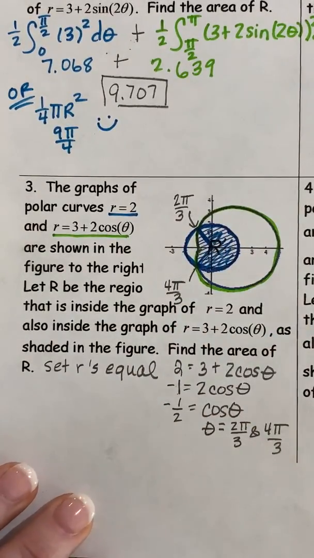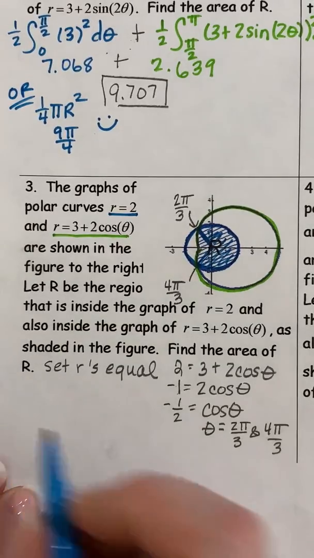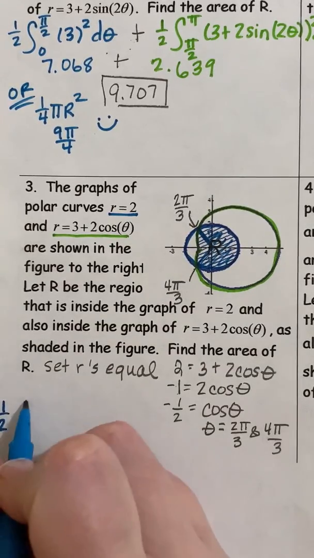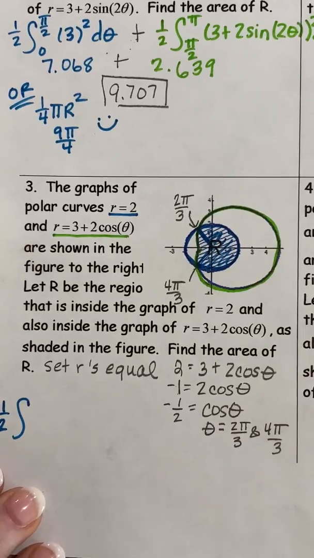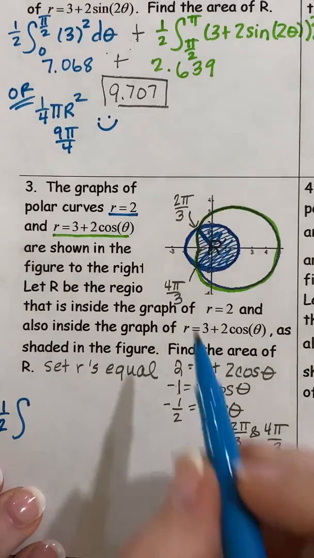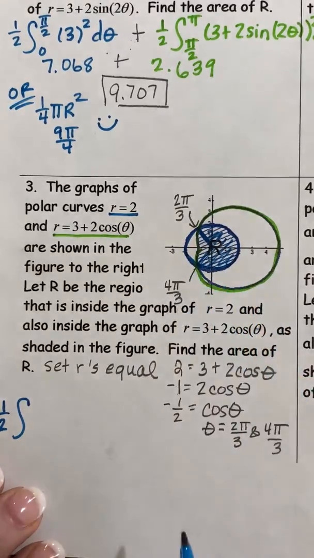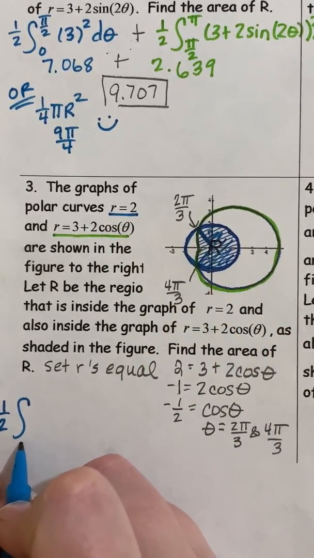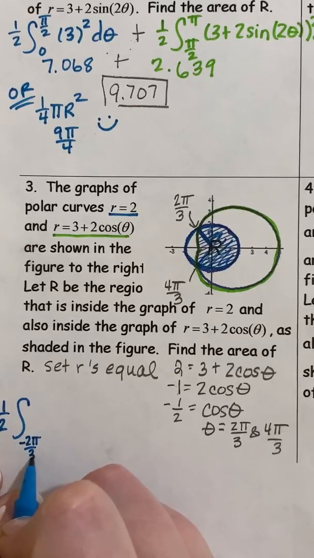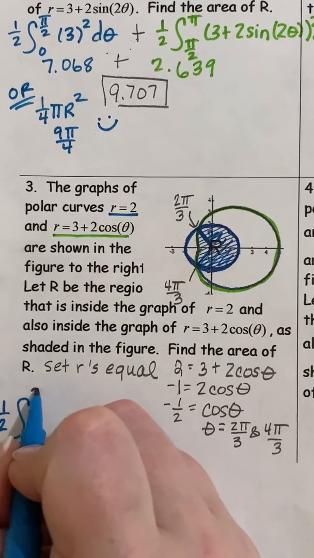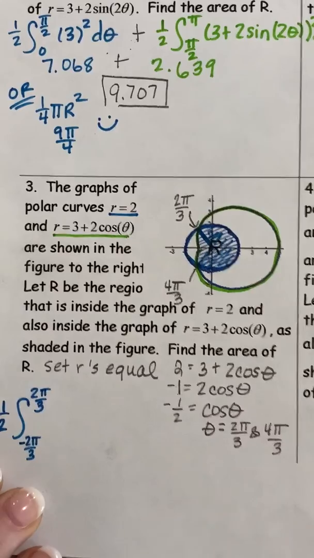So I'm going to do 1/2 the integral, and it has to be all in a row. So I'm going to do, this is 4 pi over 3, but it's also negative 2 pi over 3. So I'm going to do negative 2 pi over 3 to 2 pi over 3.